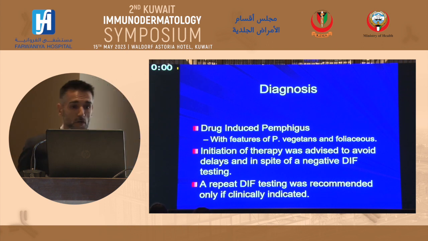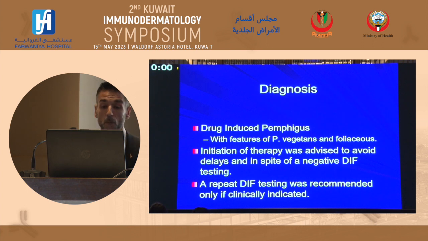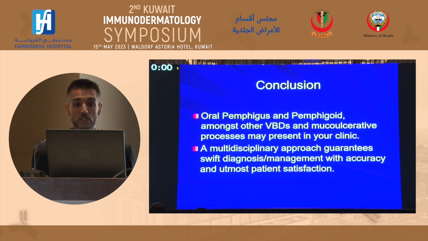In conclusion, oral pemphigus and pemphigoid, amongst other vesiculobullous diseases and muco-ulcerative processes, may present in your clinic. You will be dealing with those, but a multidisciplinary approach guarantees swift diagnosis and management with accuracy and extreme patient satisfaction.